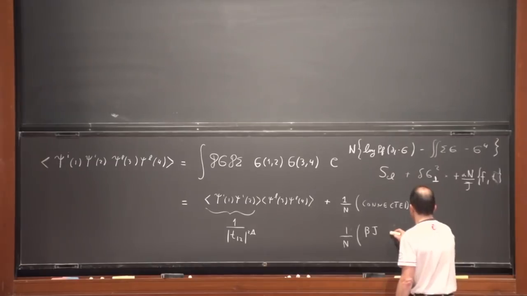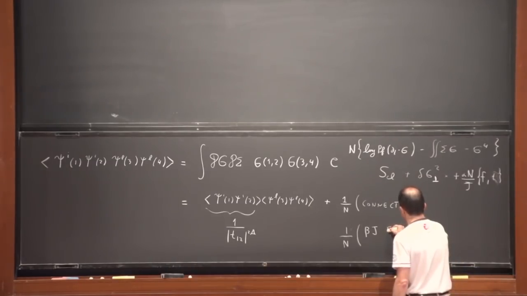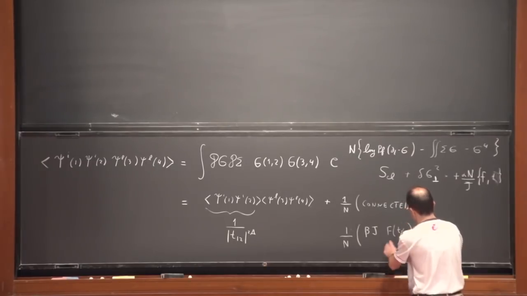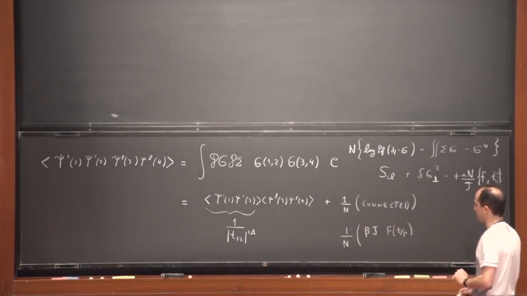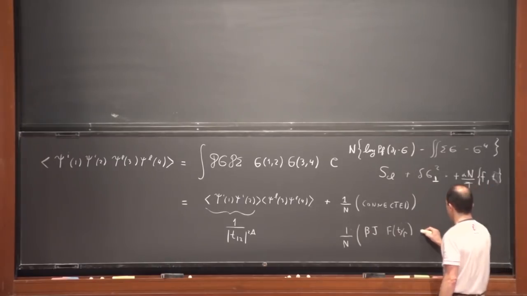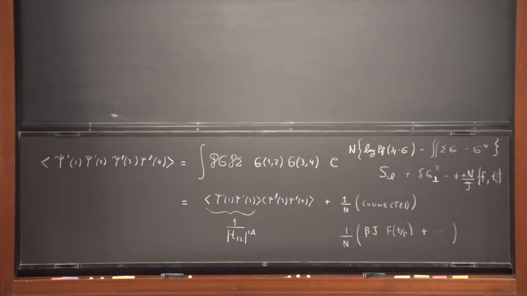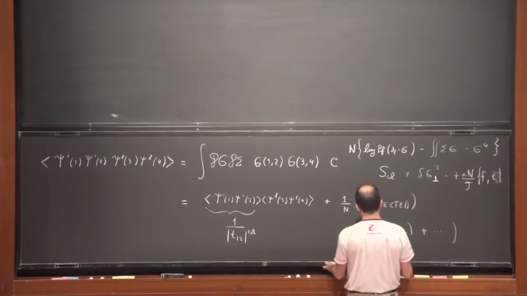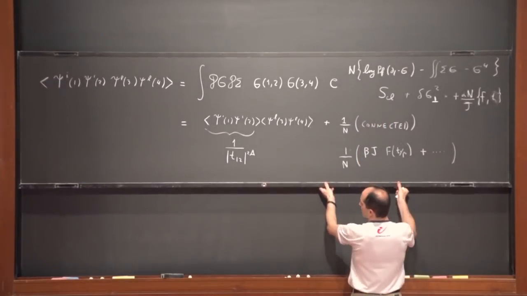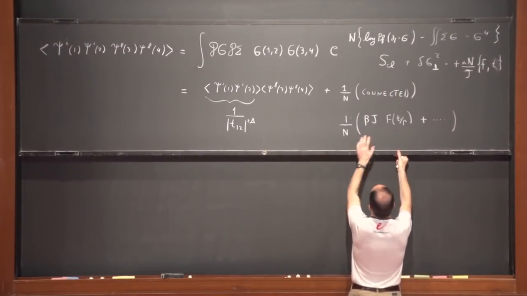And then we'll have some function of the ratios of times over beta, of all the individual times, that will come from inverting this term in the action. And then we'll have some other piece which will be independent of beta j that will come from this other term in the Lagrangian.